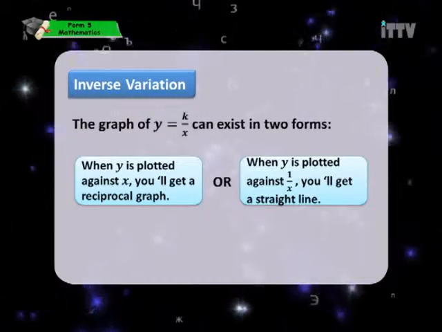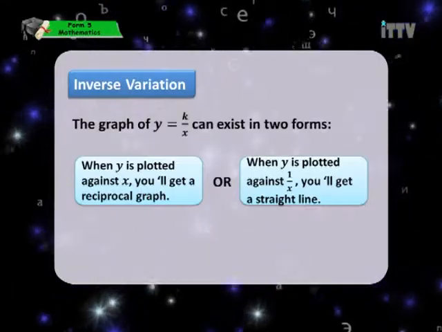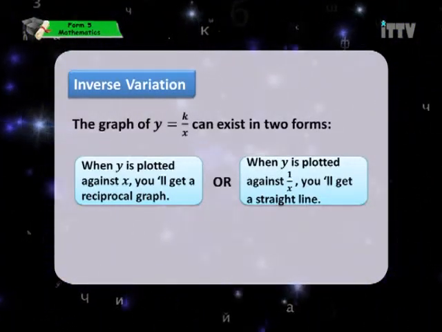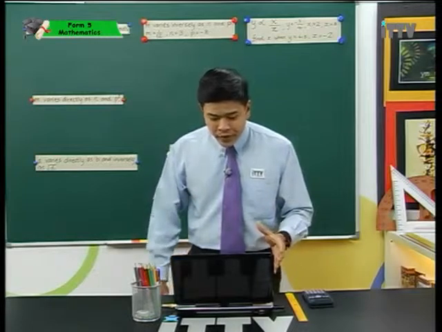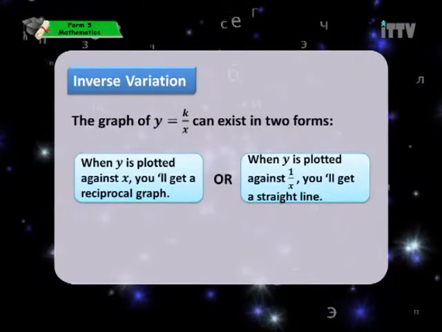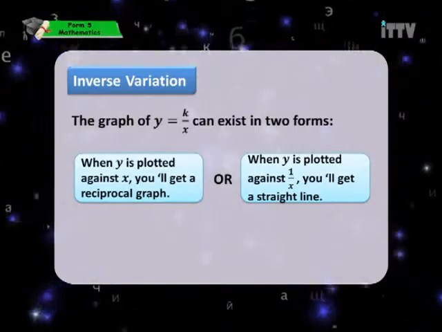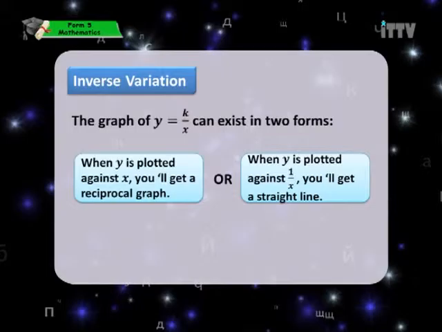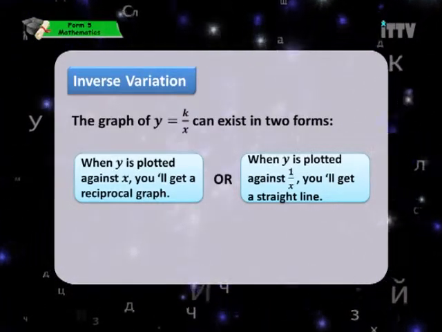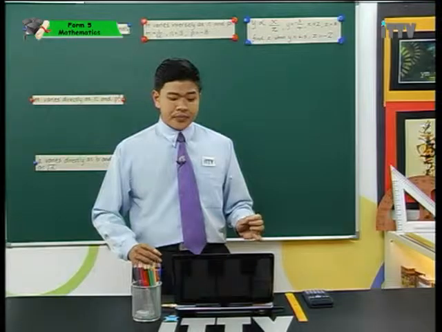The graph of y equals k over x can exist in two forms. What are the two forms? Let's check them out. The first form is when y is plotted against x, you'll get a reciprocal graph. Or when y is plotted against 1 over x, you'll get a straight line.